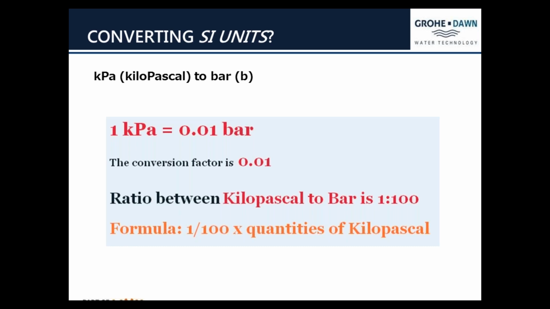The conversion factor is therefore 0.01. So the ratio between kilopascal to bar is 1 to 100. If you have, for instance, typical South African installations, your mains fed municipal pressure is 400 or 500 or 600 kPa, you would do your calculation and then you will get to bar.